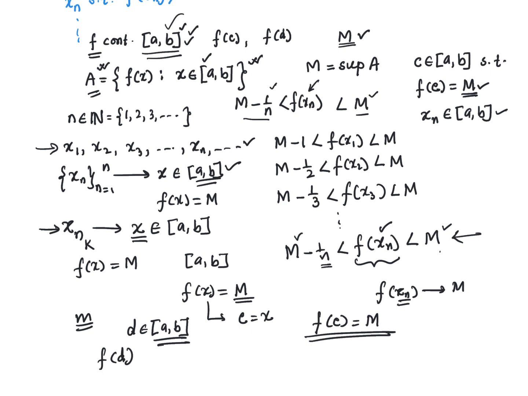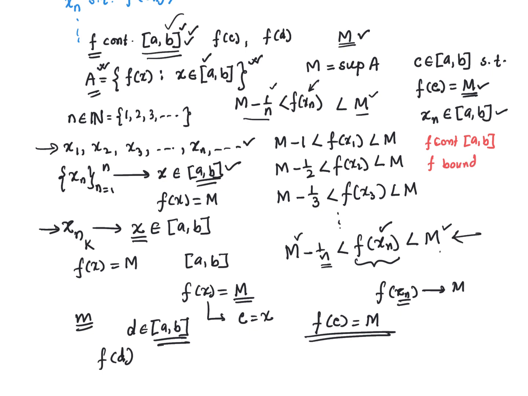This is a little bit involved. So just to summarize, to prove the extreme value theorem, I have used some of the other theorems. One is this: if f is continuous on a closed interval [a, b], then f is bounded.